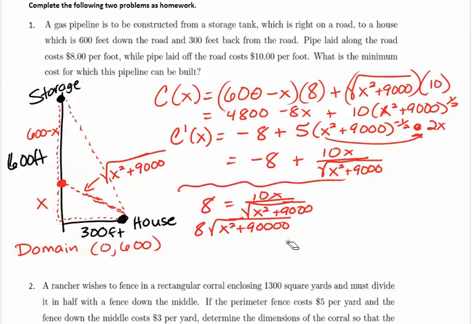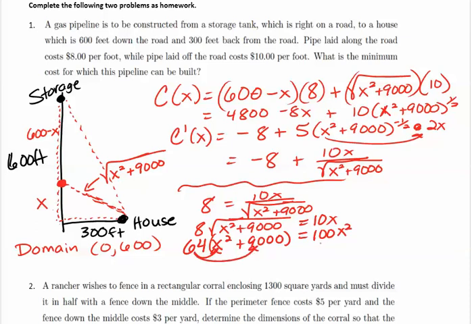And I guess I keep adding a 0 there. We could square both sides. So 64 times x squared plus 90,000 and 100 x squared. And then we're going to have to distribute.